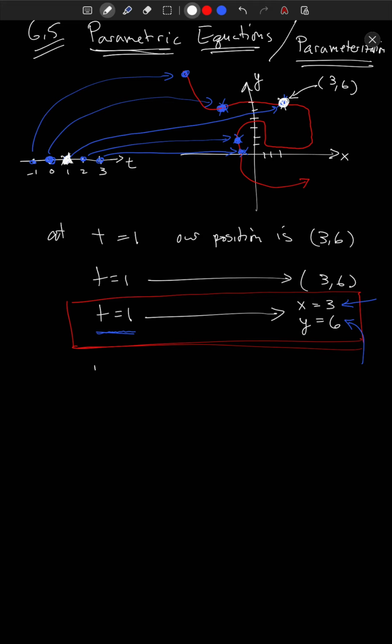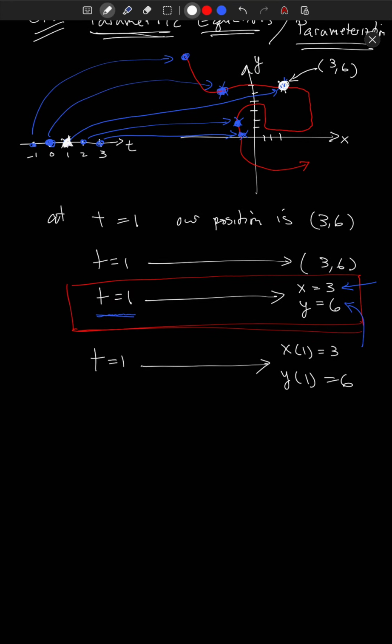To write the same thing in another way, if I put t equals 1 as an input, then the output is x. I think of x as a function of t, because our position depends on time. Our position is changing in time as we drive along this road. So x of 1 is equal to 3, and y of 1 is equal to 6.